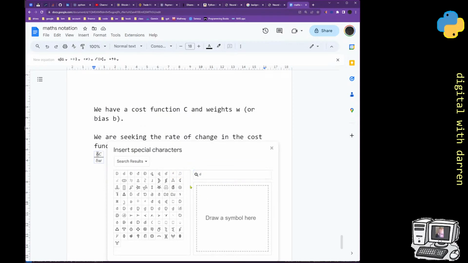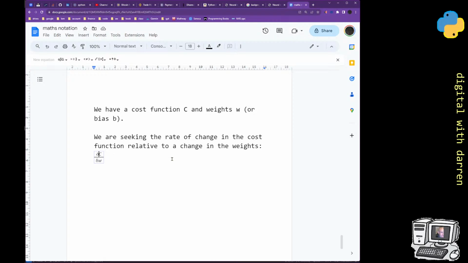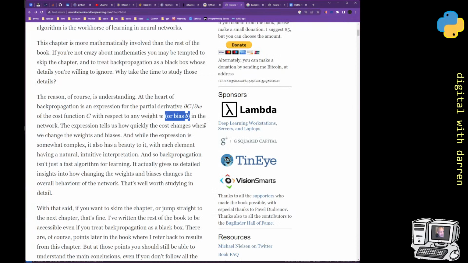We've got a partial D there, which is sort of like a curly D. Oh, there we go. That's the best I'm going to be able to do, but that's good enough. Looks quite right. So we're looking at dC by dW. That's effectively what we're looking at over there.